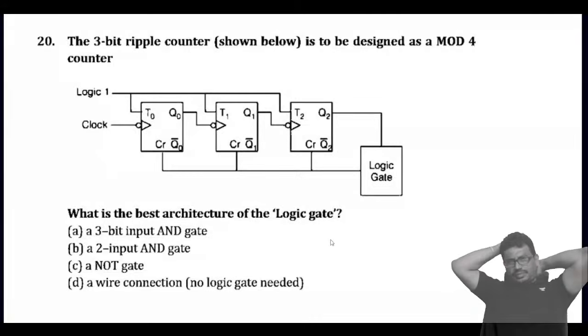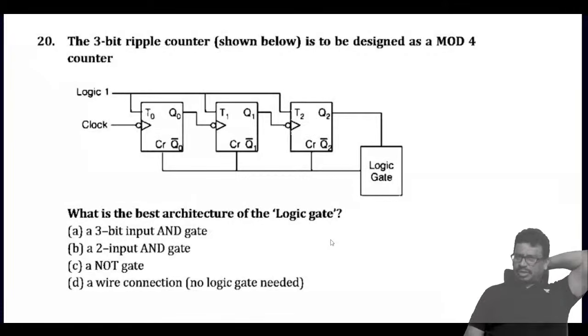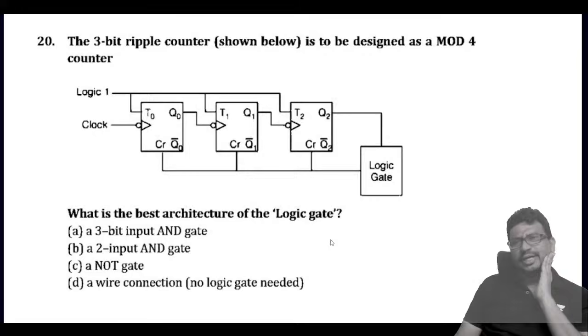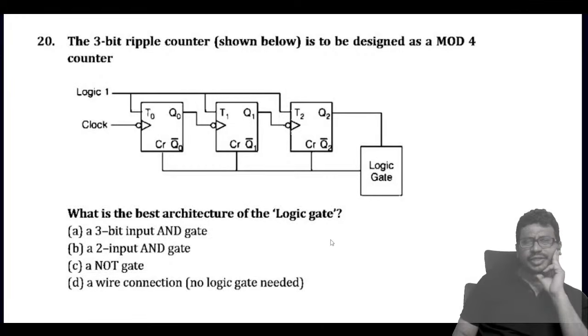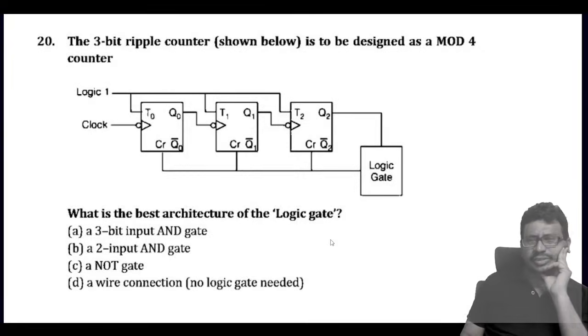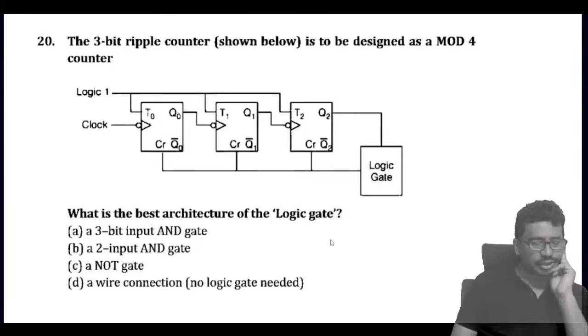Next, a 3-bit ripple counter is to be designed as a mod 4 counter. We need to design this as a mod 4 counter. For this, what is the best architecture of the logic gate?